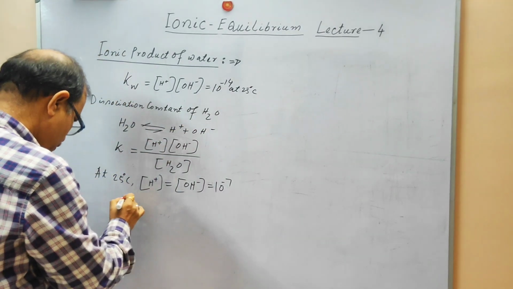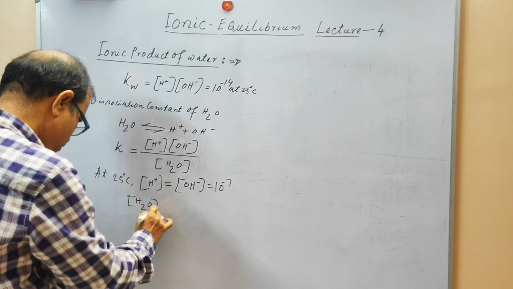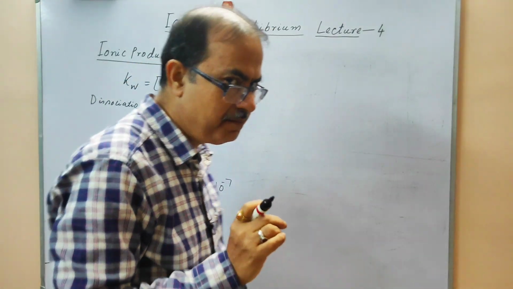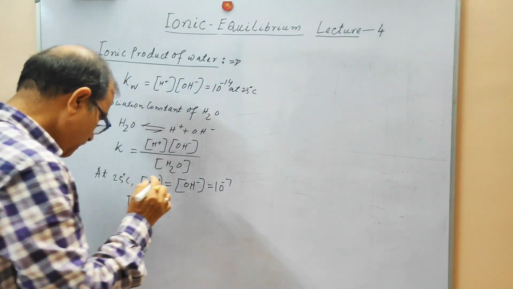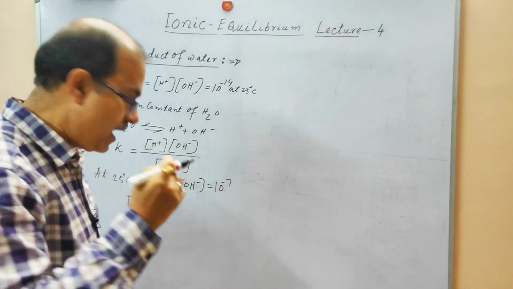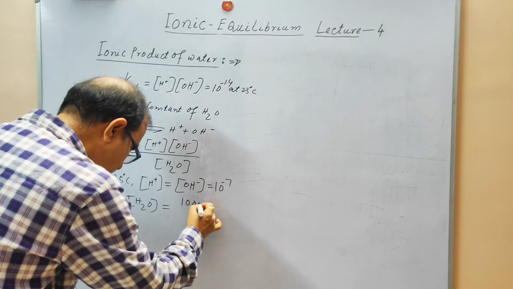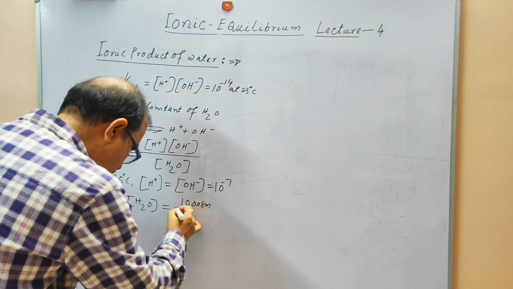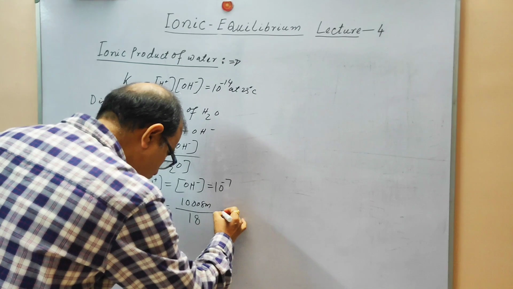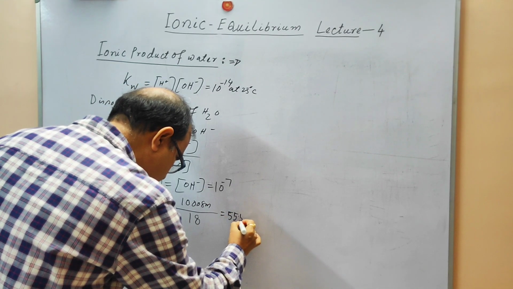And the molar concentration of H2O is basically, we know that water has a density of 1 gram per cc. So 1 liter will have a mass of 1000 gram, and we know the molar mass of water is 18. So it will come to around 55.5.